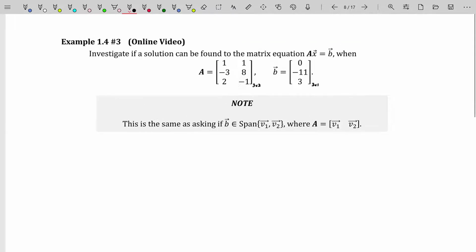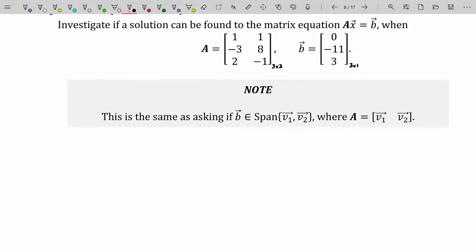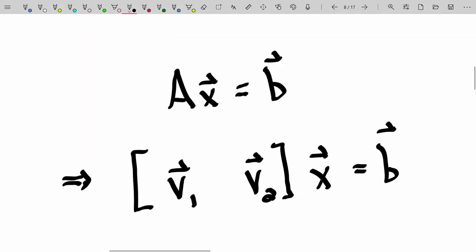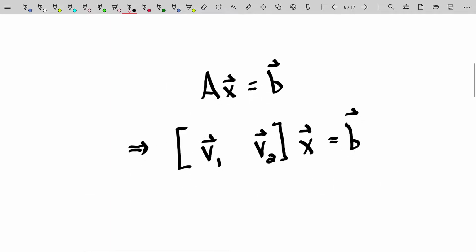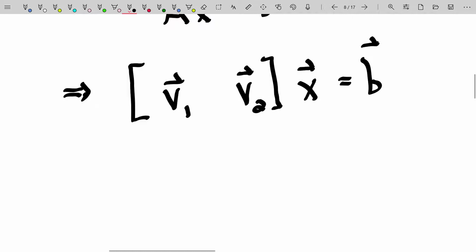I just want to build something up here. At this point, you should have already been told or reviewed the following topic. If the matrix equation AX equals B is true, then this equation should be true.